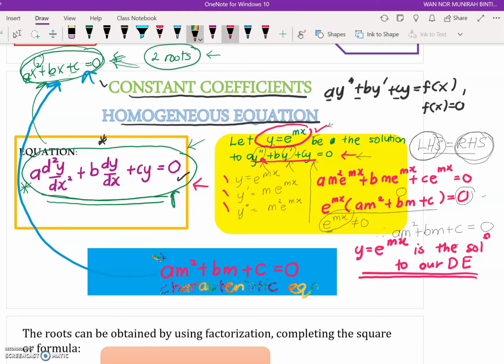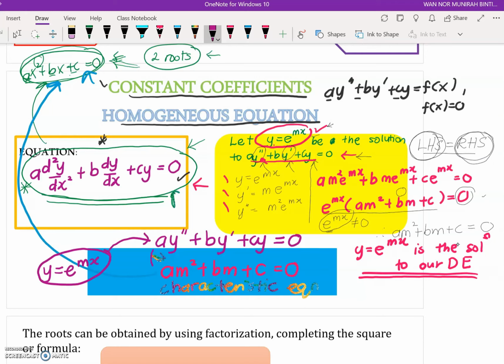Okay, so now class, what I can conclude is, initially you have a y double prime plus b y prime plus cy equals 0. This is our differential equation. By substituting y equals e^mx as the solution to this DE, you manage to transform the equation into the form of the characteristic equation here.